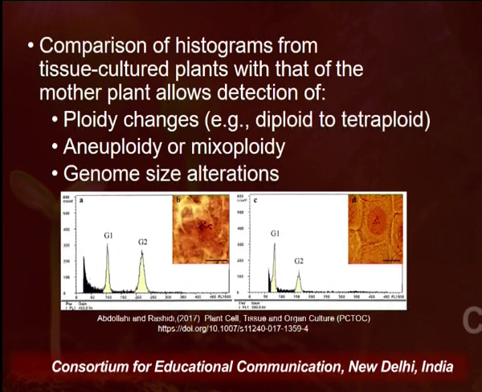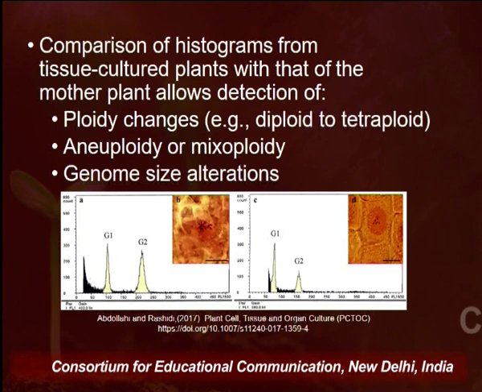If you look at pictures A and C, you will see two peaks, in the G1 and G2 phases. You can clearly see the variation in the intensity of those peaks.